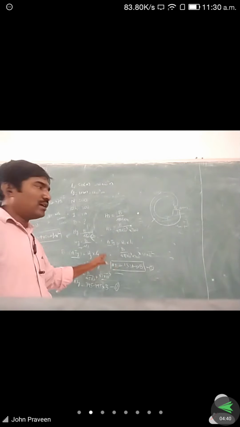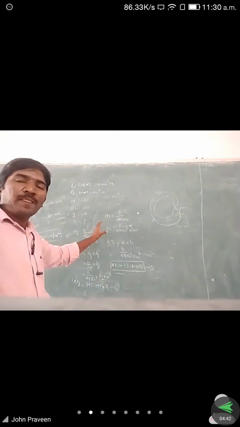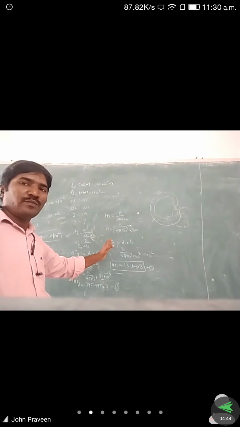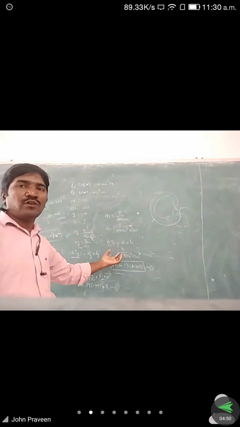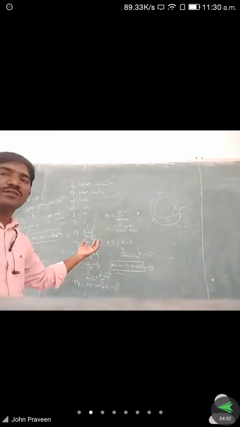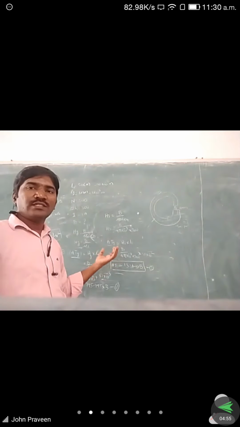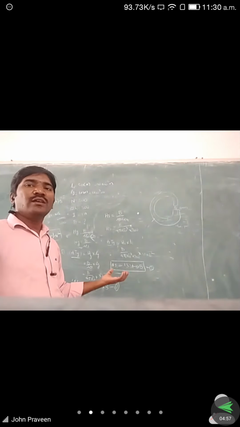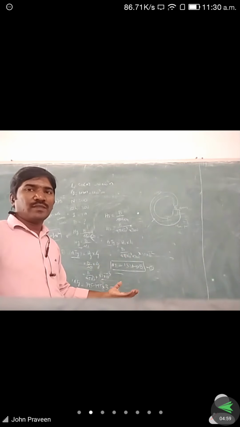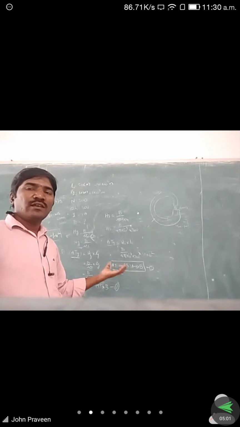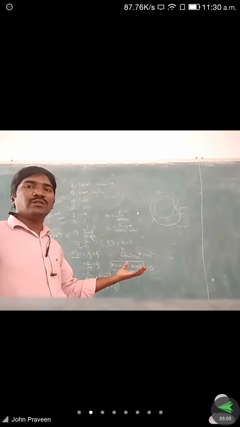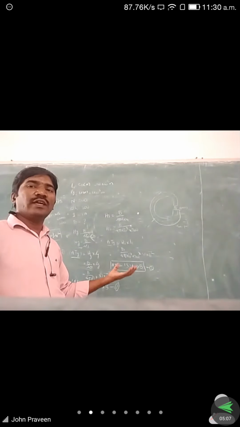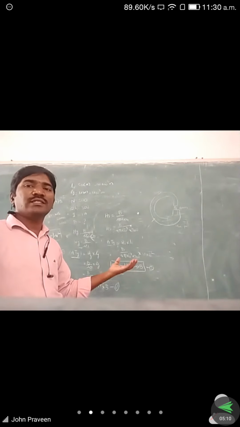Always, to find the flux density or whatever it may be, the force existing, that is the H value. So first we find the ampere turns value. How can we find it? Ampere turns is equal to N into I. That is the MMF. The MMF produced in a material is the same. We know that MMF is equal to N into I. The N value is 200, and I is 1.